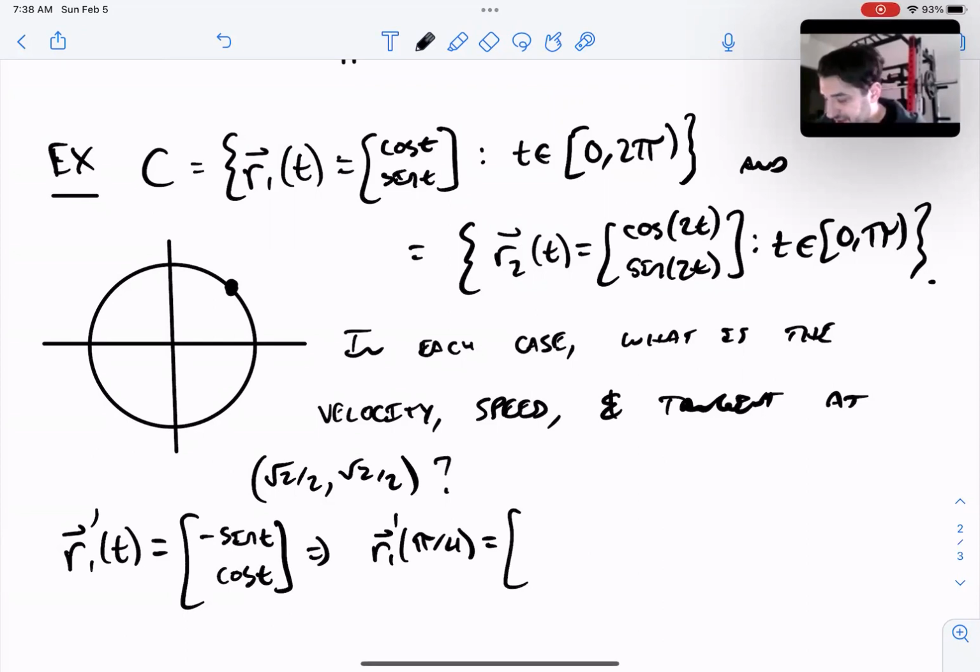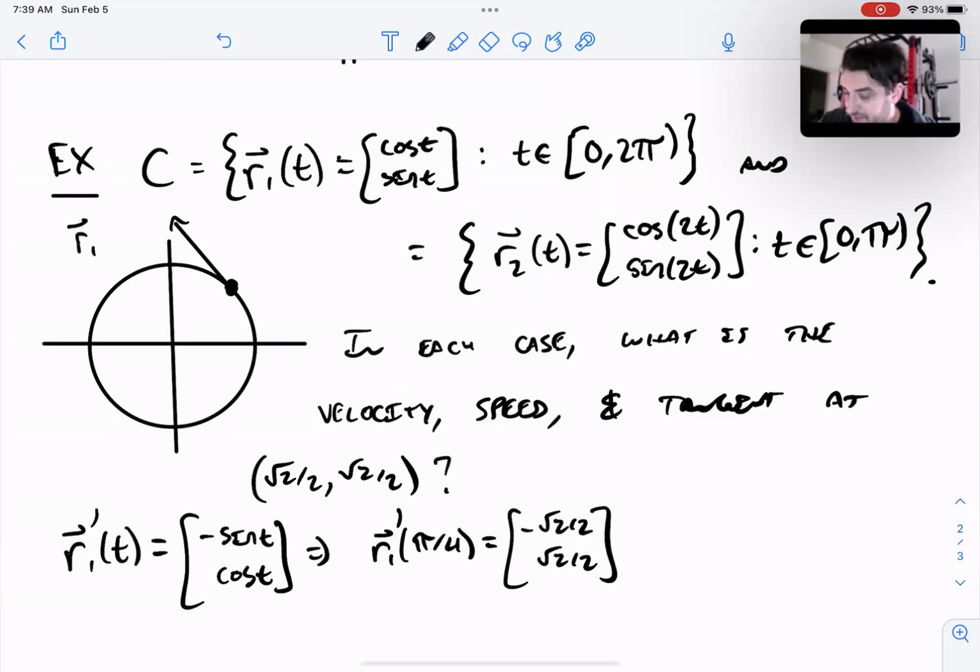This would be minus root 2 over 2, root 2 over 2, right? There's our velocity vector at that point, right? So it would look like this. So this vector would be R1 prime of pi over 4. Okay.